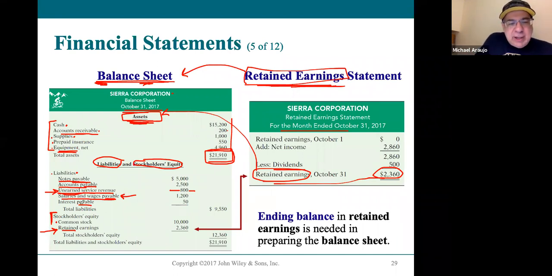Interest payable is one of those interesting things. This is actually also linked to the income statement, if you can believe it. As I was telling you, notes tend to be short-term, where you get a note that's going to be due in, say, 90 days or 3 months.